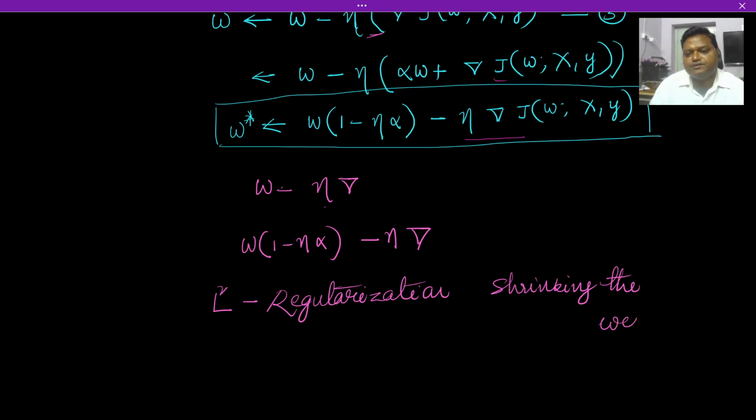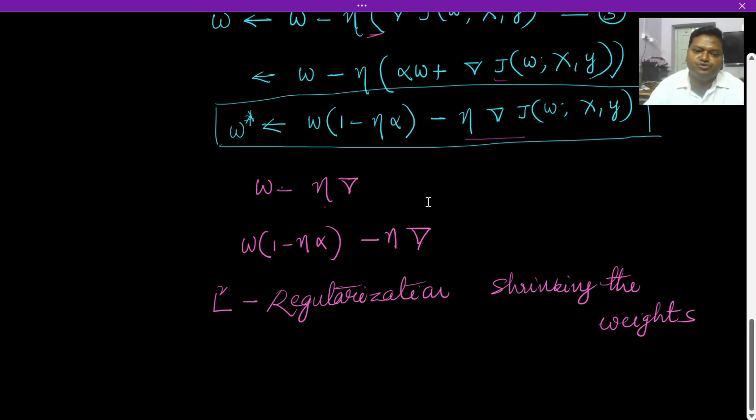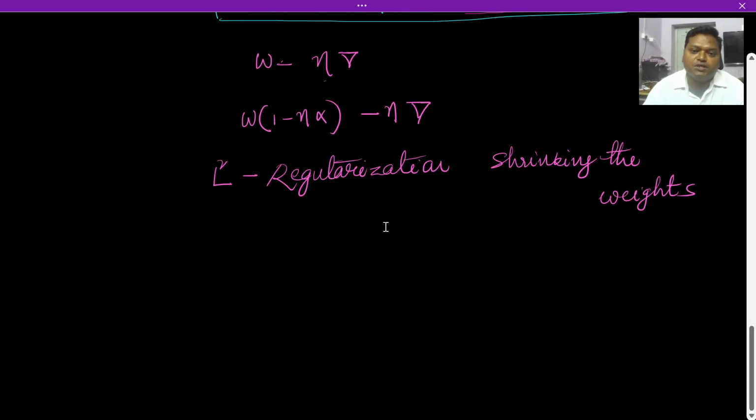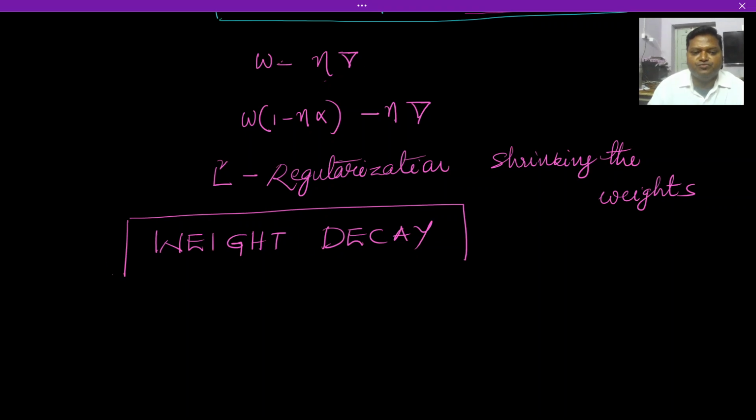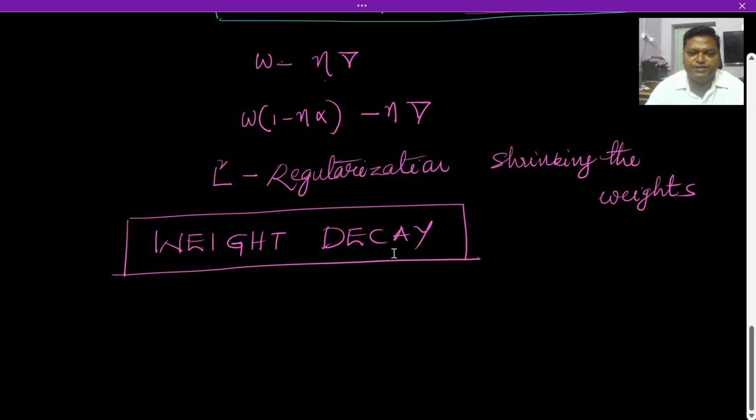That's why this L2 regularization, which is also called ridge regression, or Tikhonov regularization, is also known as weight decay, because the weights are being reduced. That means by regularization, what we are doing is we are penalizing the gradient.